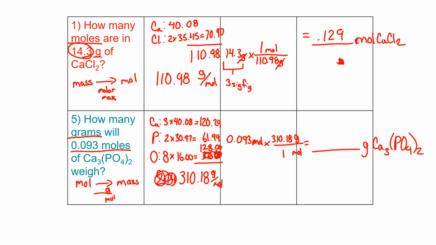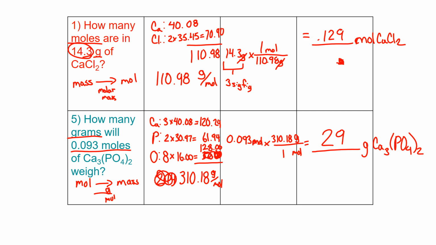And so what do we come up with, and how many sig figs am I going to use? 2 sig figs. So you should get 28 point something, something, something. That's going to round to 29.